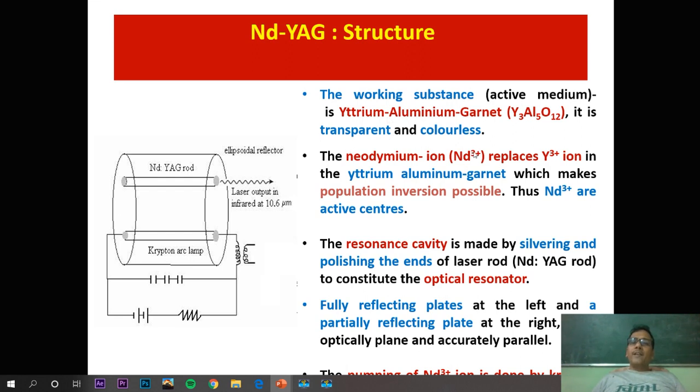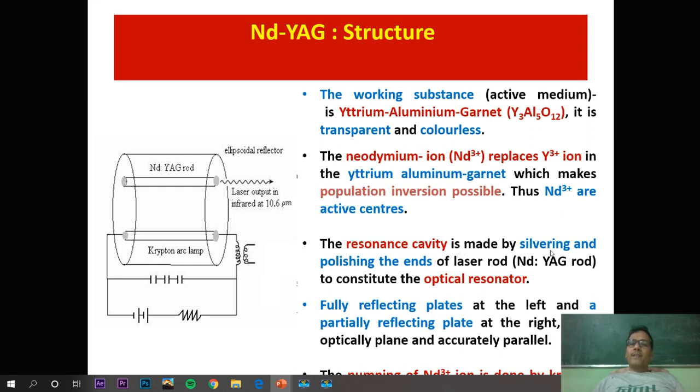The Nd3 positive ions replace Y3 positive ions in this active medium, which makes population inversion possible. And obviously these Nd3 positive ions are the active centers, which will transit from one energy level to another energy level.